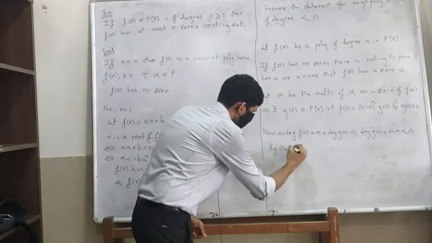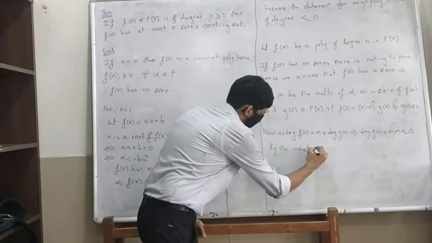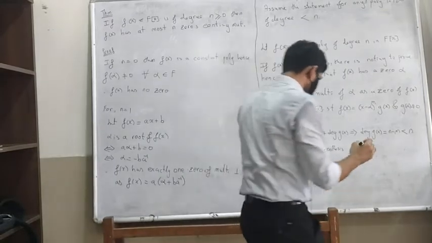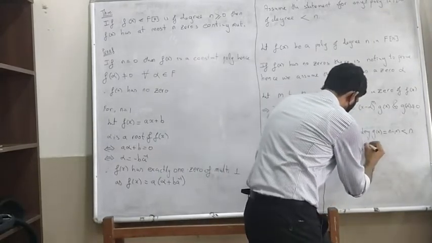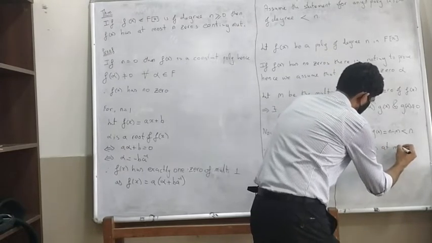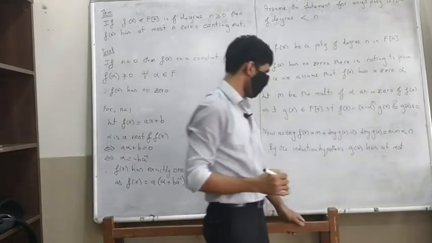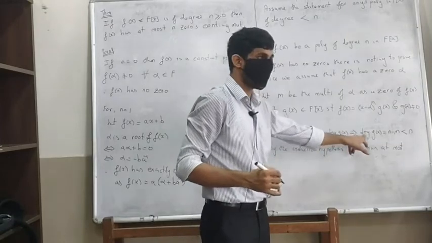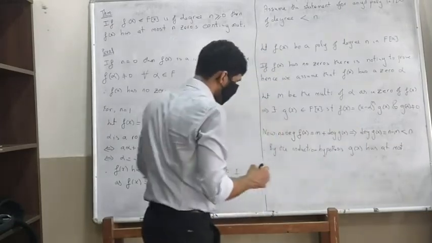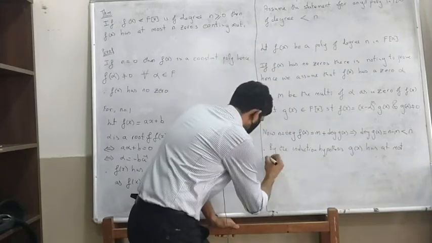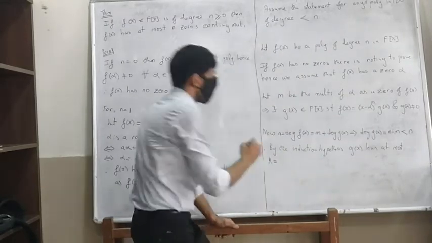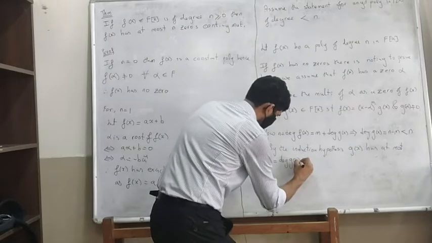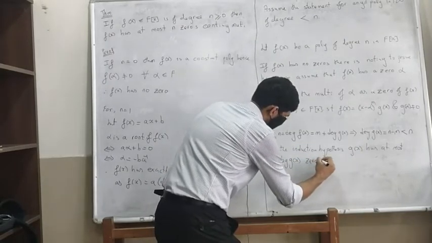Therefore, by the induction hypothesis, g of x has at most, let's call this k, where k equals the degree of g of x, zeros counting multiplicities.